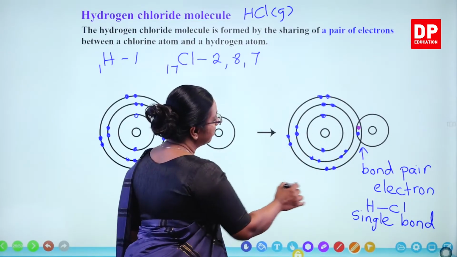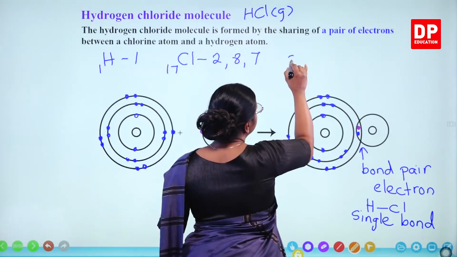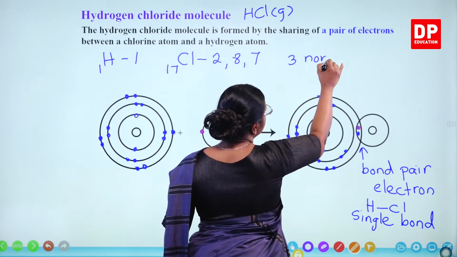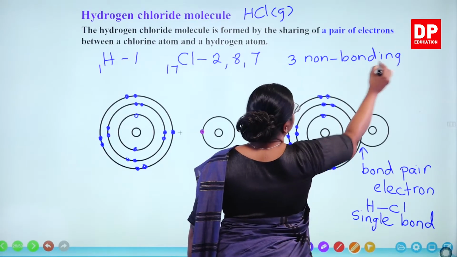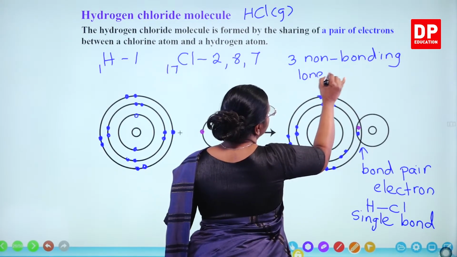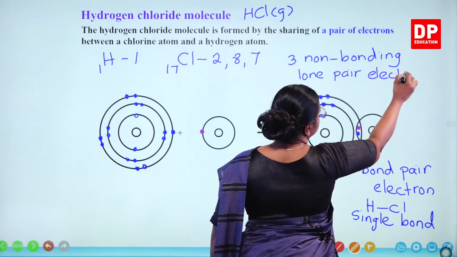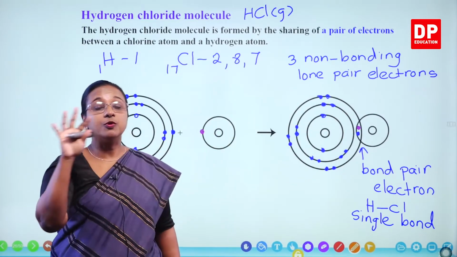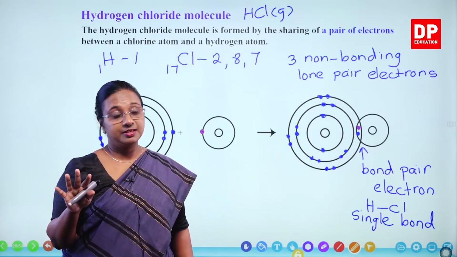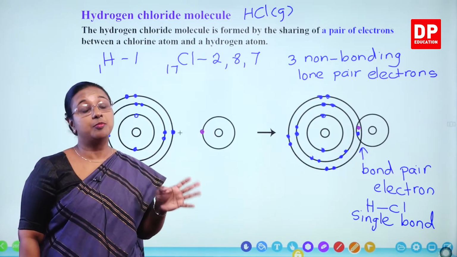At the same time, if you take the chlorine atom, it has 3 non-bonding lone pair electrons. So with that only, the total number becomes 8. So that is also a single bond, a heteroatomic molecule.